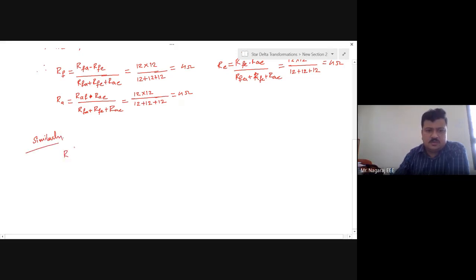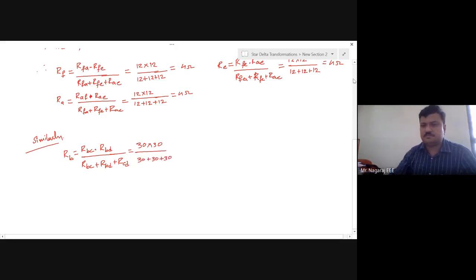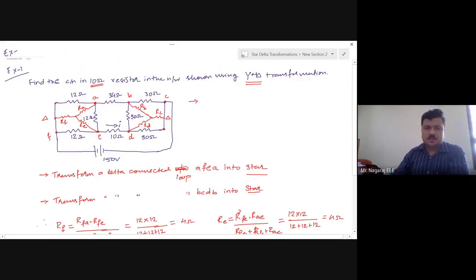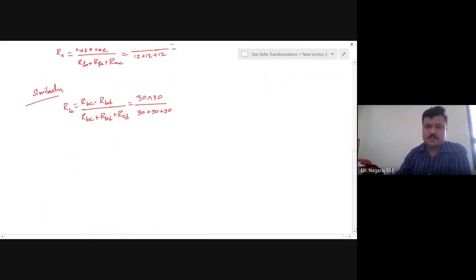Similarly, RB is equals to RBC into RBD divided by RBC plus RBD plus RCD, which is equals to 30 into 30 divided by 30 plus 30 plus 30, equals to 10 ohms.